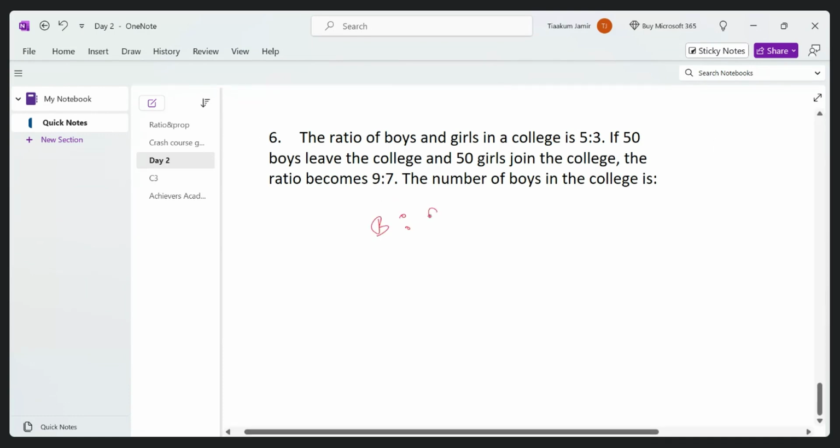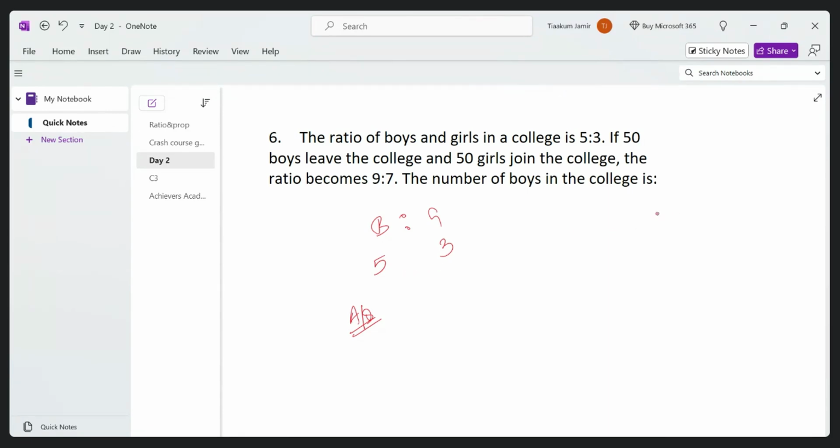Boys and girls, 5:3. According to the question, right? So let's say the ratio is given. Then ratio means what? It has many possibilities, right?